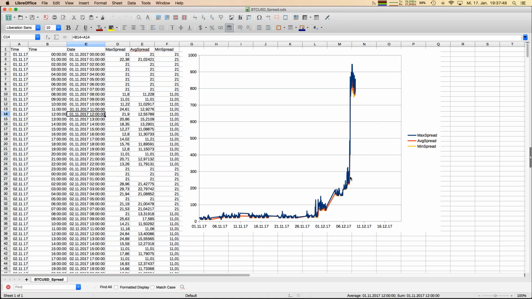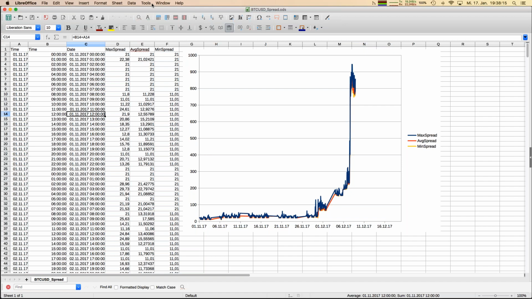But that's a nice story here, that huge increase in spread within days. And I think it was a protection from that liquidity pool, from those banks behind, to protect themselves against additional losses and to make it not that attractive to trade long on Bitcoins. But I don't know.